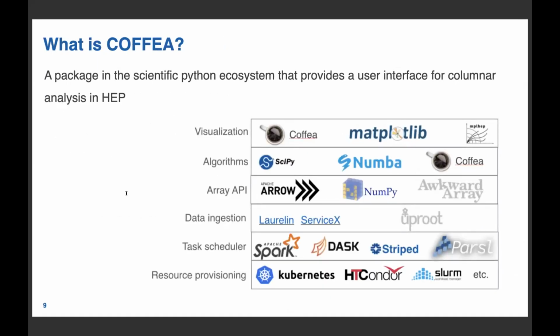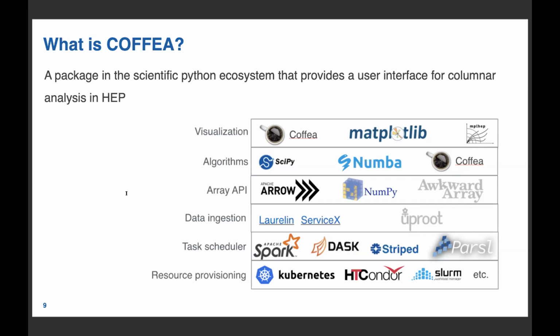Here is where we enter Coffea. So let's first answer the question, what is Coffea? It's a package in the scientific Python ecosystem that gives users, high energy physics users, the capability to interface with columnar analysis.